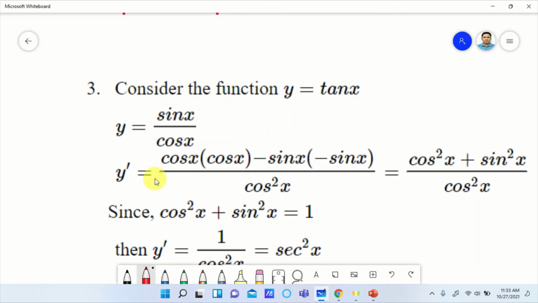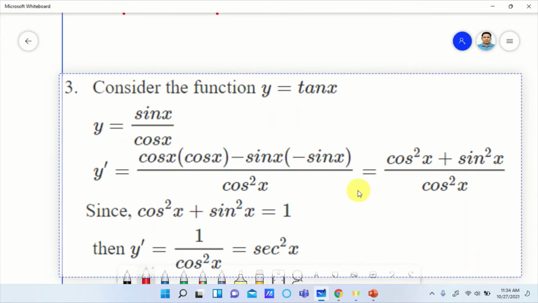So here, the derivative is equal to cosine x times the derivative of the numerator sine x, that is cosine x, minus sine x times the derivative of the denominator, that is negative sine x, all over the square of the denominator, which is cosine x squared.